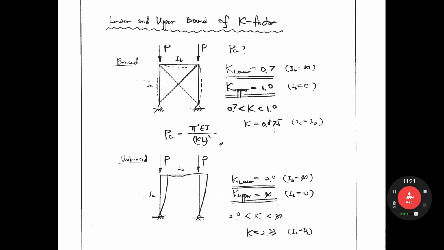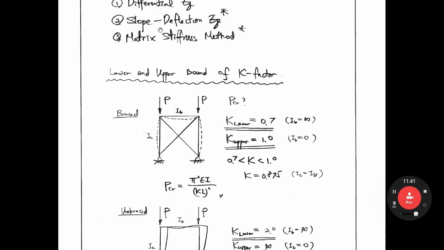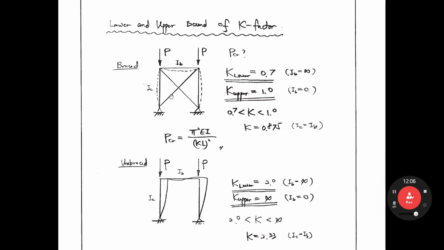If we know this effective length factor, then we can get PCR, right? I'll show you how to calculate this PCR using the slope deflection equation. First, this is just a rough estimate of the K factor, but I'll cover how to calculate PCR using the slope deflection equation, in this braced case first.